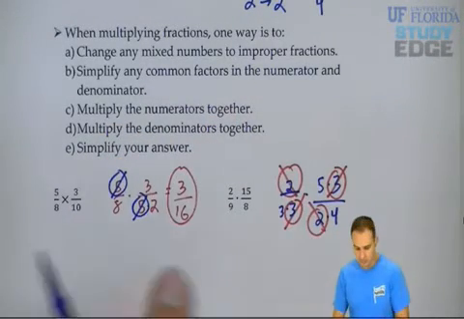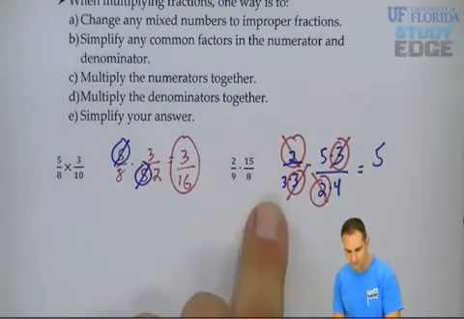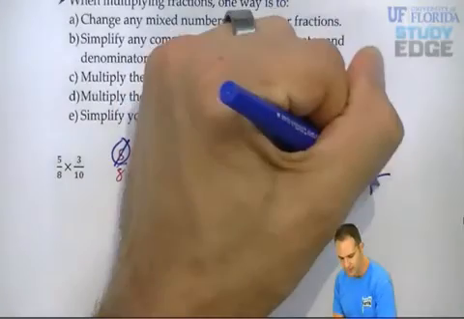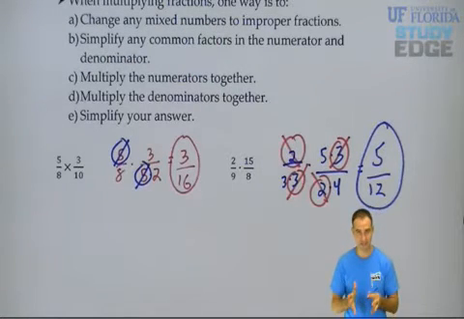What's left in the numerator? Just the number 5. What's left in the denominator? 3 times 4 will give me 12. That's how we're going to multiply fractions.